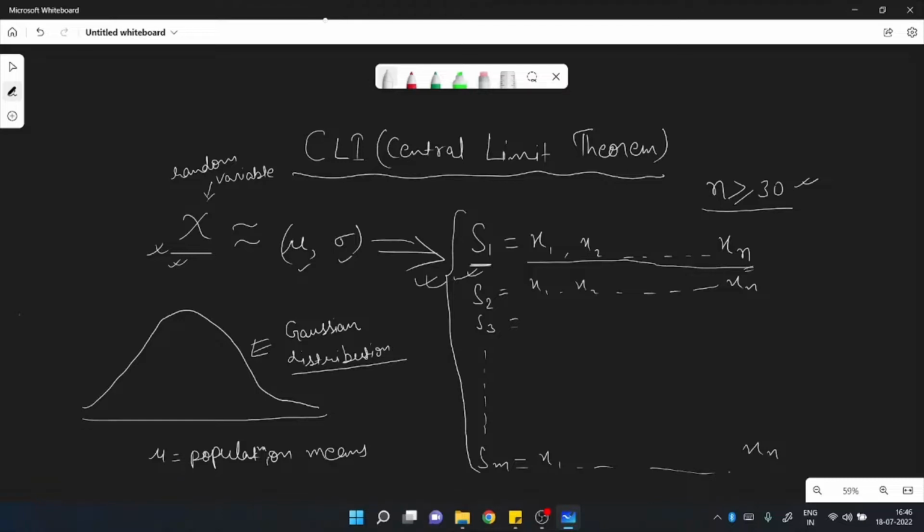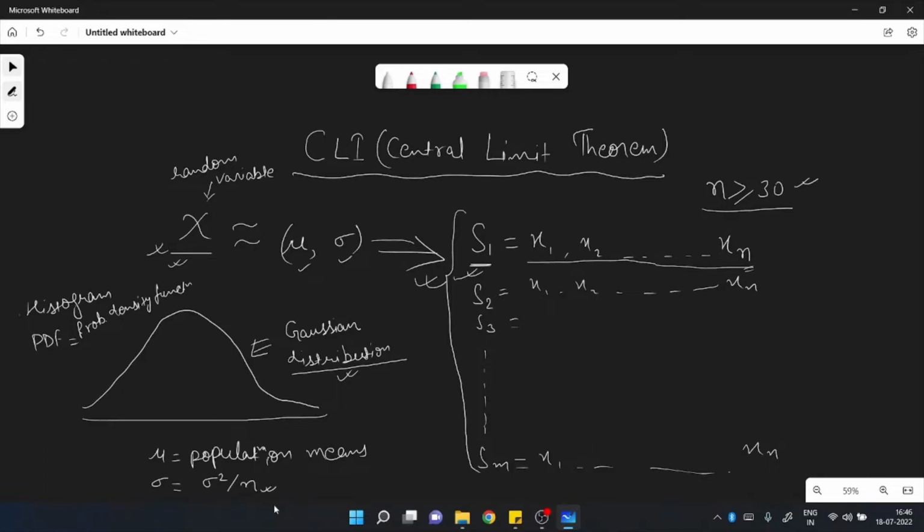If I plot these samples, using a histogram or PDF, that is probability density function, the type of distribution I get is a Gaussian distribution, where the mean will be approximately equal to the population mean, and the variance will be sigma squared by n, where n is always greater than or equal to 30.